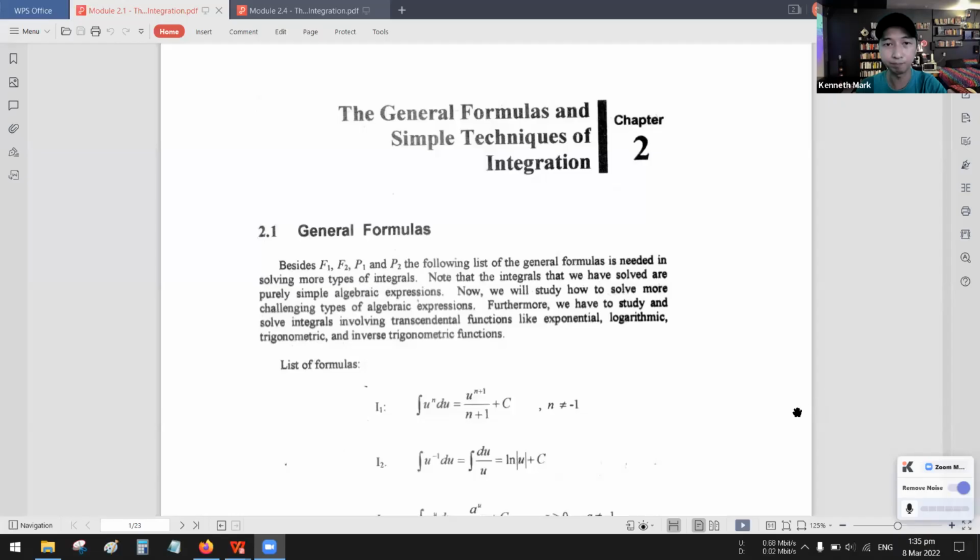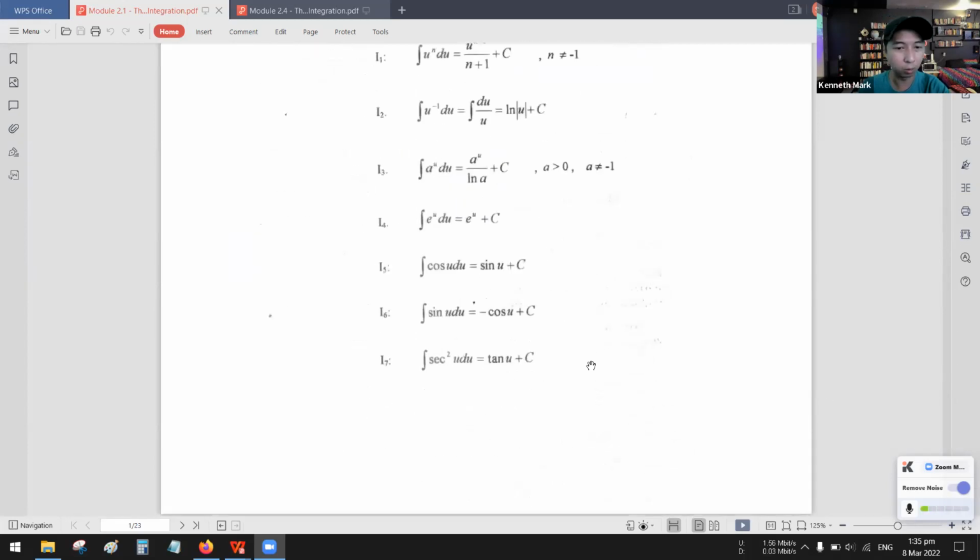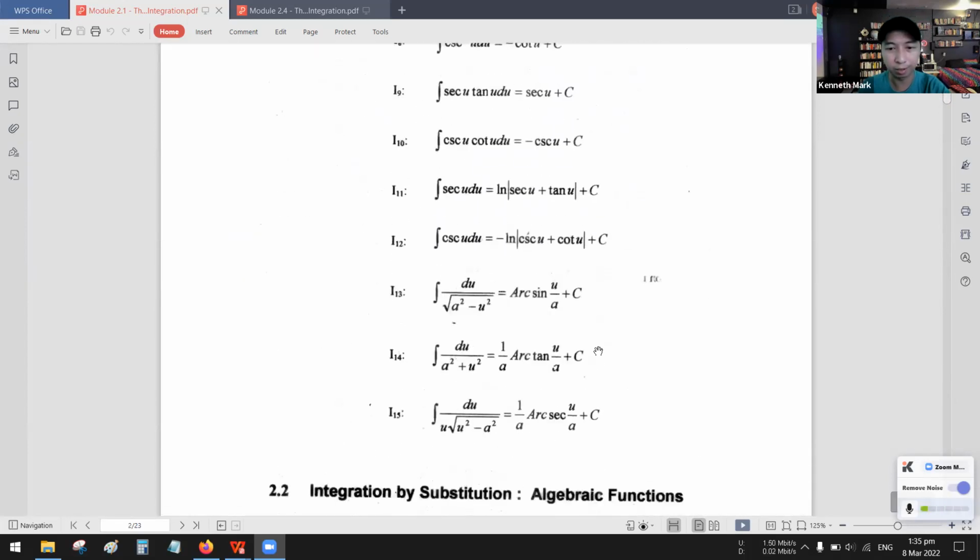So this was discussed, no? The first half part of our module 2. So we have section 2.1 to 2.4, no? So let's try to solve some of your exercises.